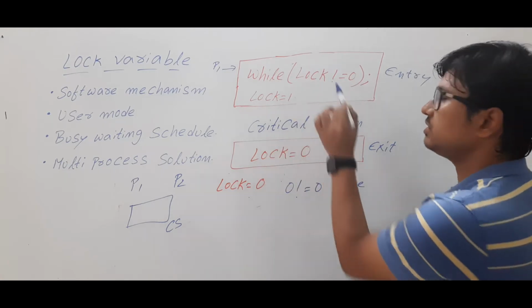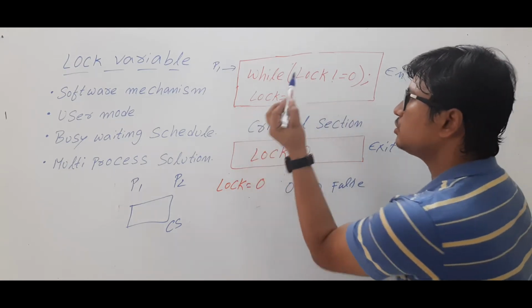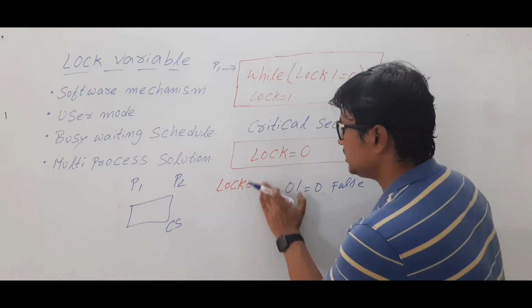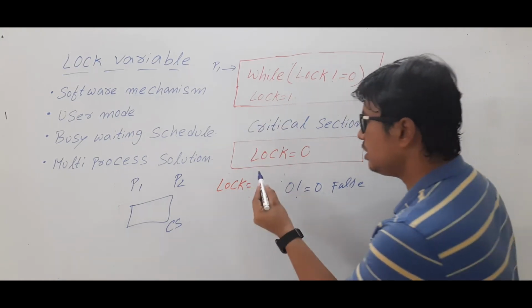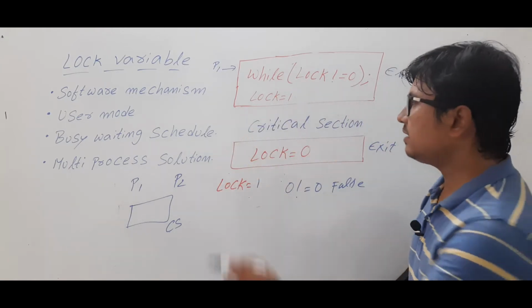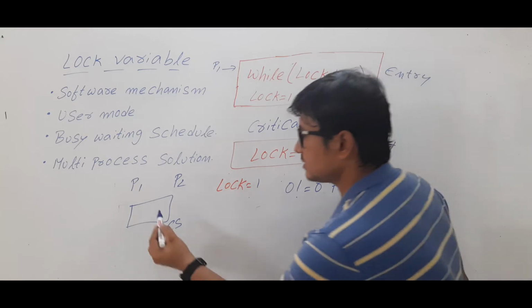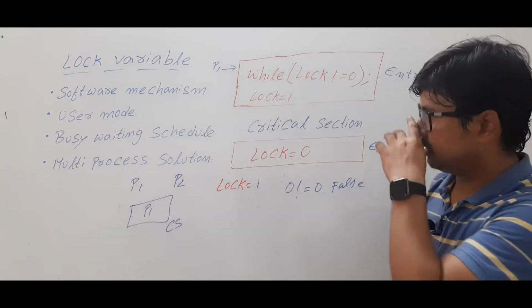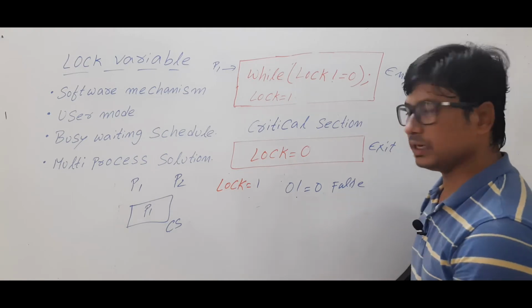As this condition is false, it will execute this statement: lock equal to 1. Initially the lock value was 0, and now process P1 has updated it to 1. Then it will enter the critical section. So process P1 has entered the critical section.